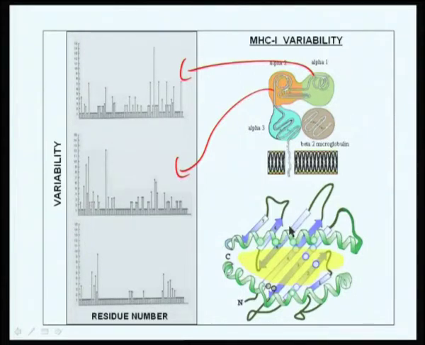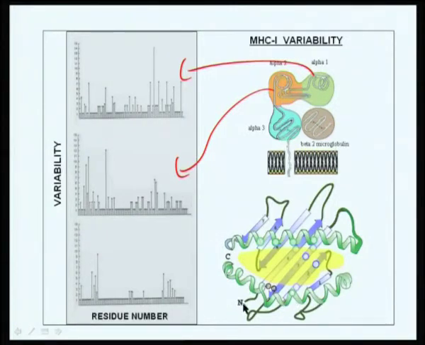And if you look at the variability of the amino acid residues, they all conform to these circles that are found here on the alpha helix, and you also find the variable residues in the beta pleated floor, the blue circles that have been represented over here. These are the two disulfide bonds that you see over here.